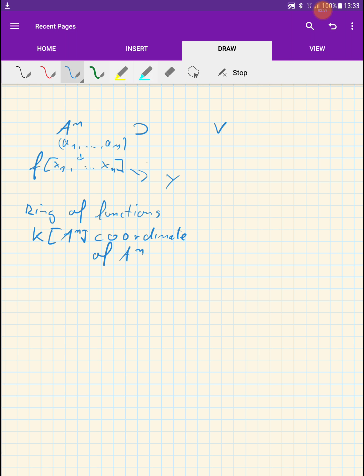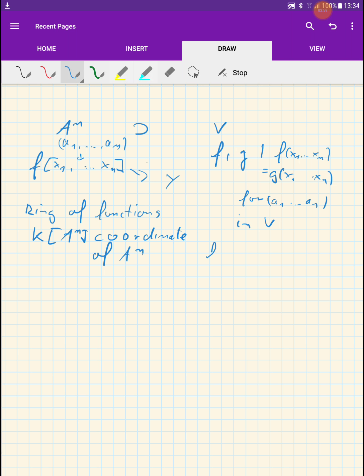And to do this, we note that if two functions agree on V, I mean if we have polynomials f and g such that this function f, where you plug in points of A^n, is equal to g, where you plug in points of A^n, for all a1 to an in V.